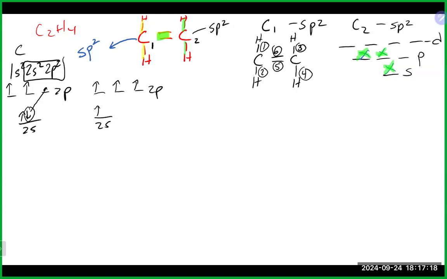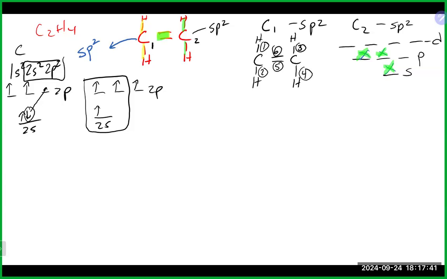Because these carbons are going to hybridize as sp2, how many of these orbitals should I take through my hybridization process? sp2 is how many letters? 3, right? So we're going to hybridize only 3 of these orbitals, not all 4 of them.